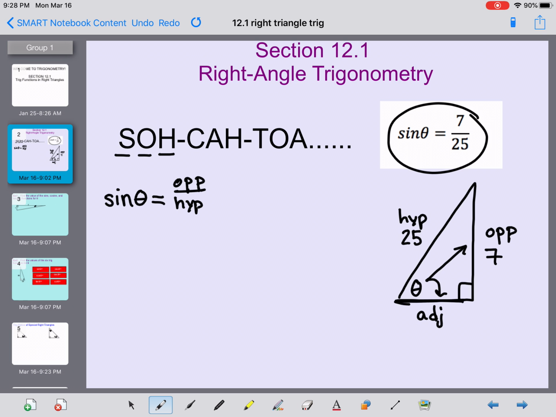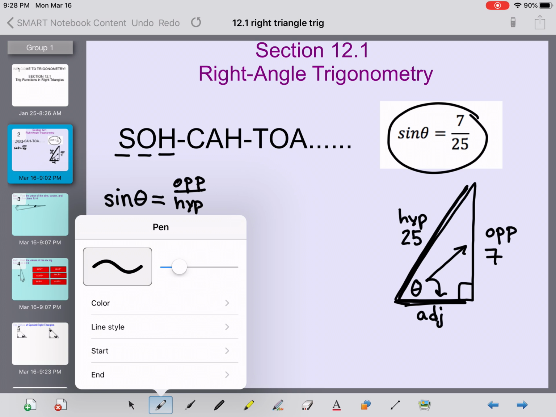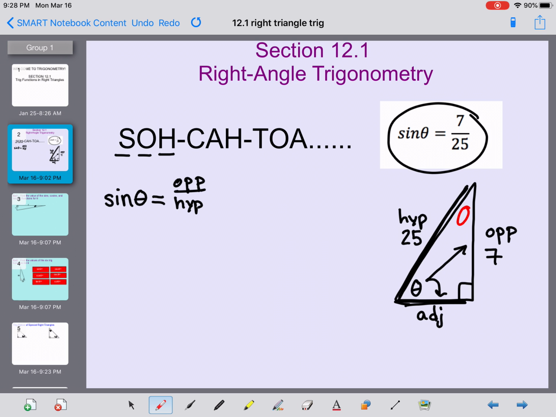This side right here is adjacent, and this is also technically adjacent, but hypotenuse is always hypotenuse, so therefore adjacent is reserved for one of our legs. Now notice that if I had put theta in this corner over here, then this side would have been the opposite side, and this side would have been the adjacent side, right? So it changes based on where your theta is, right?